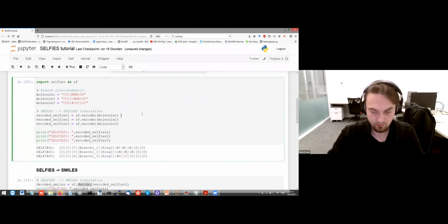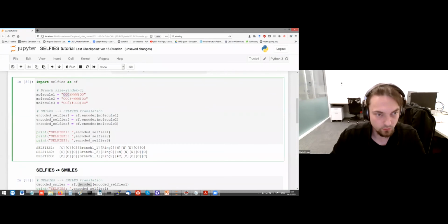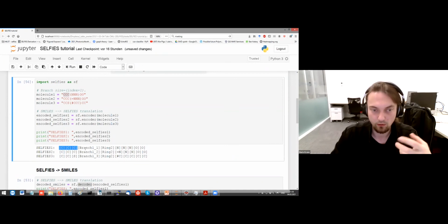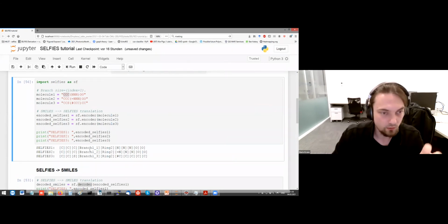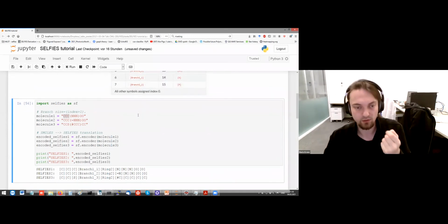So let's run it. Our first molecule has 3 carbons, and here I want to show how the branches actually work, because I got this question recently. So here we have a branch, and it says that the next symbol is interpreted as a number.